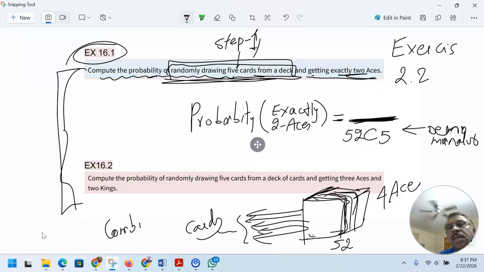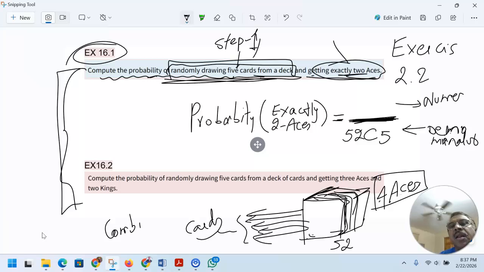Now the top number, the numerator, has to be 2 aces. How many aces are there in a deck of cards? There are 2 steps here itself. If you pick 2 aces, the other 3 cards will be non-aces.